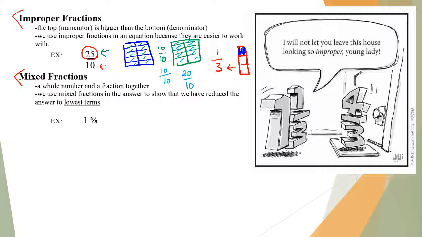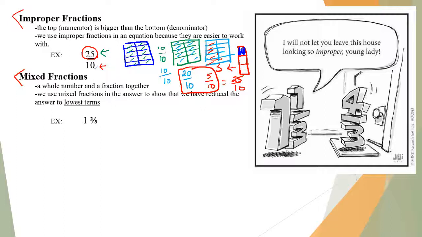I have 20 tenths all shaded up, and now I need 5 more. One, two, three, four, 5. Okay, so there's my 20 tenths plus my 5 tenths, and that equals 25 tenths. So using an improper fraction is a way to show that we had more than one whole number.